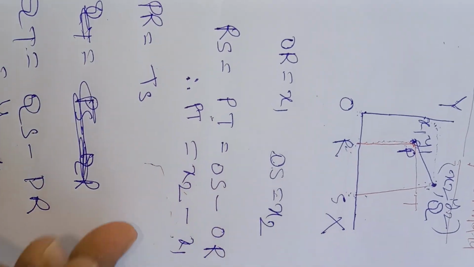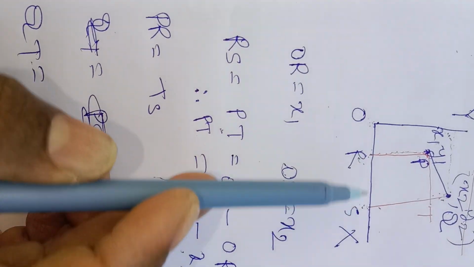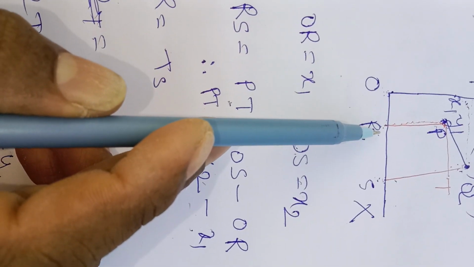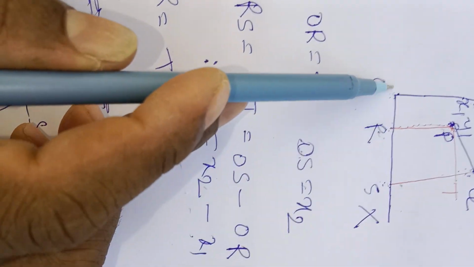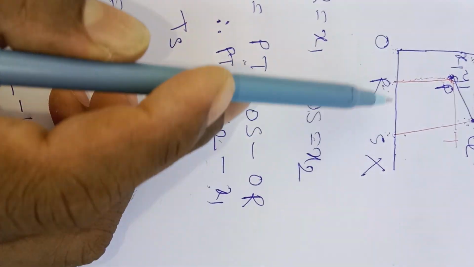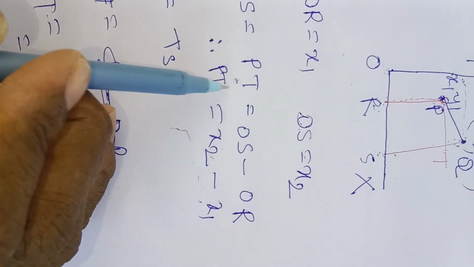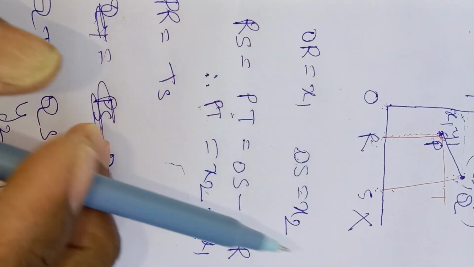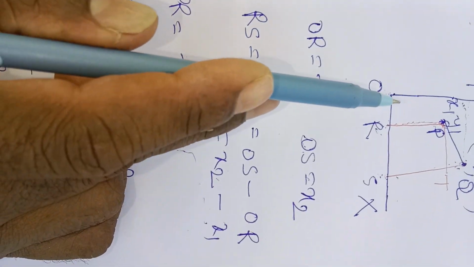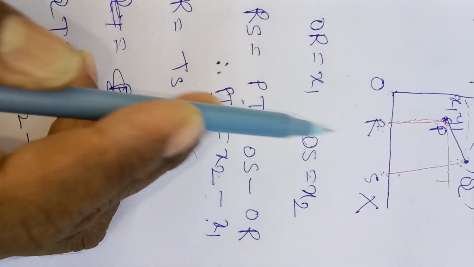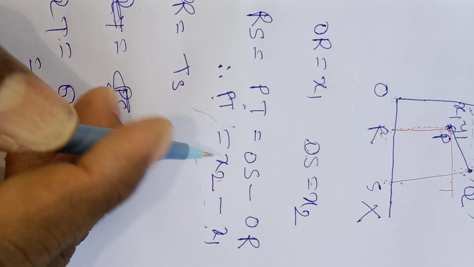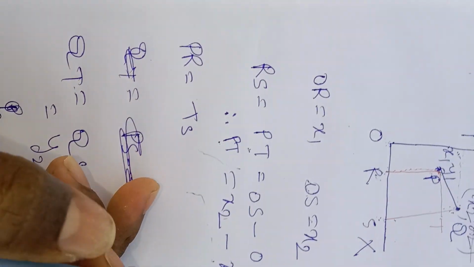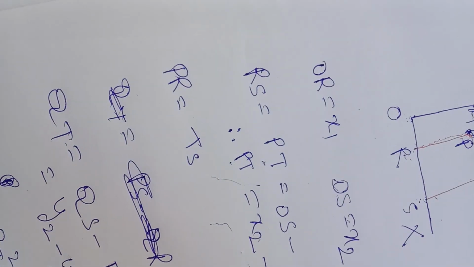To get the RS, we have to subtract OR from OS. Therefore, OS minus OR will give us PT, that is corresponding to PT or RS. OS is this distance x2, OR is x1. Therefore, PT equals x2 minus x1.